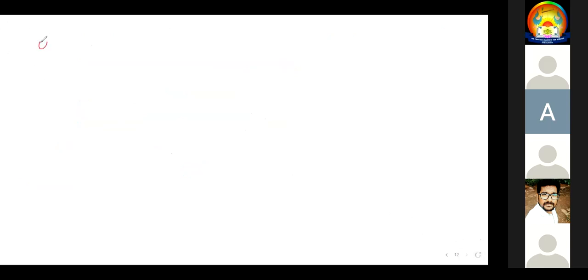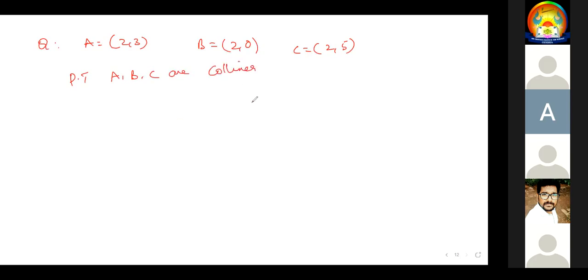My question is: capital A is equal to (2,3), capital B is equal to (2,0), capital C equal to (2,5). I can ask, prove that A, B, C are collinear. So now I'm requesting everyone to do it in both cases.